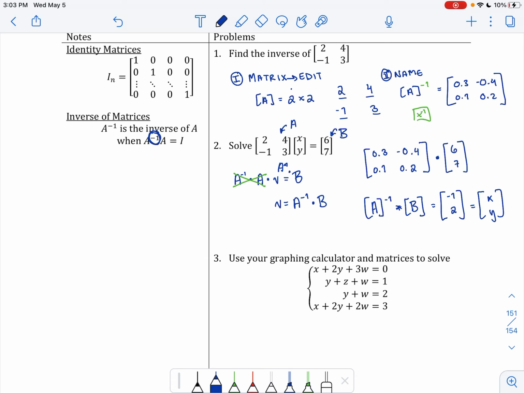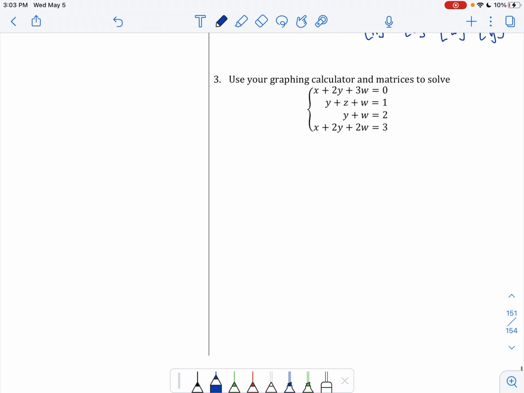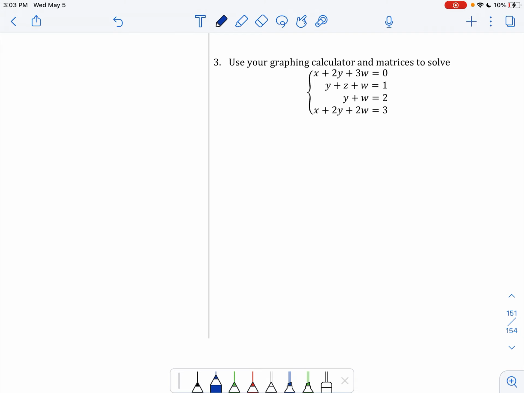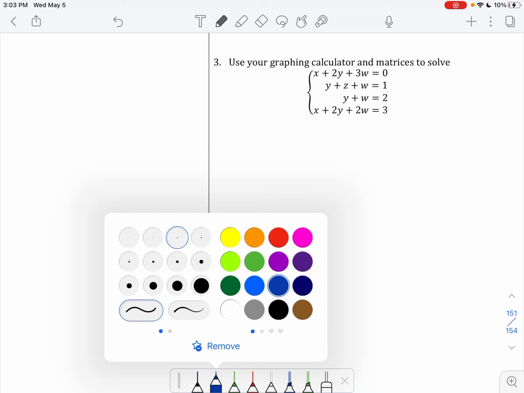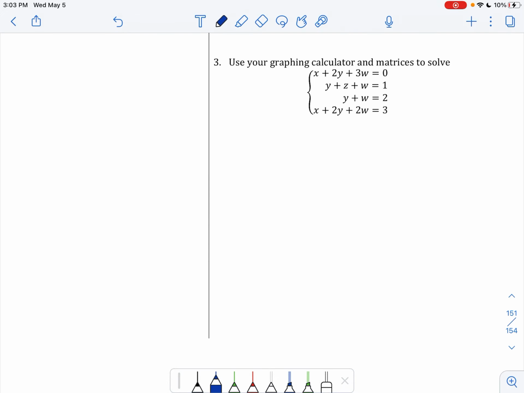Now, I don't necessarily think that this is faster when it's a small system with 2 variables. I think you should just use elimination or something else. But as we look at number 3, this is a much more complicated system. And so I definitely want to recommend you use a matrix for this. So when you set up your matrix using the system, each row is going to be your equation.